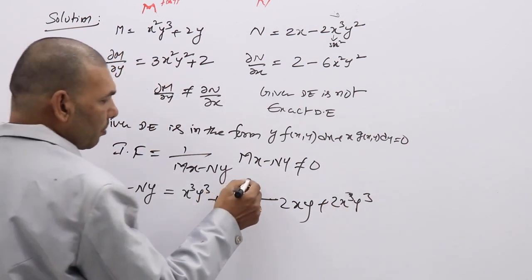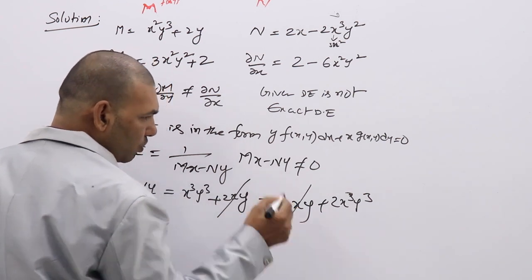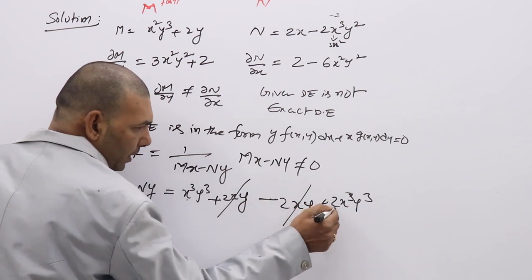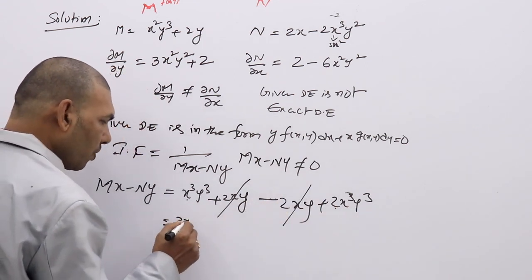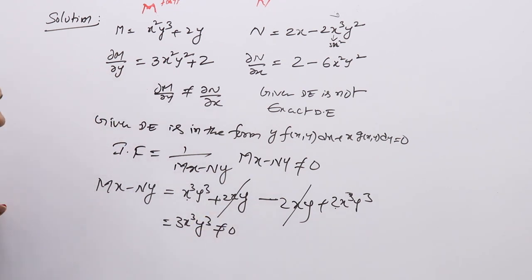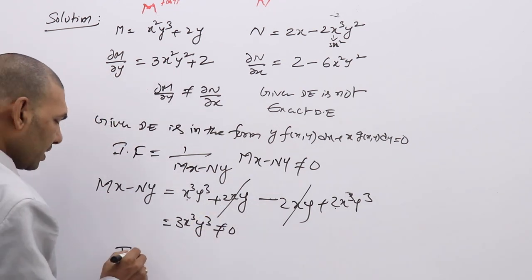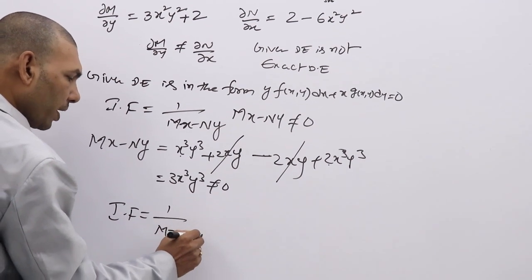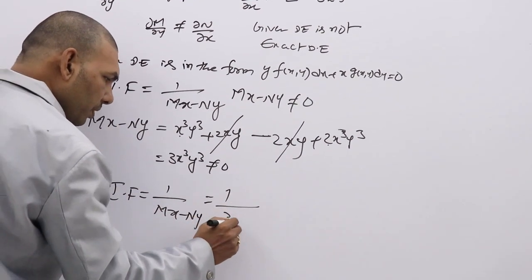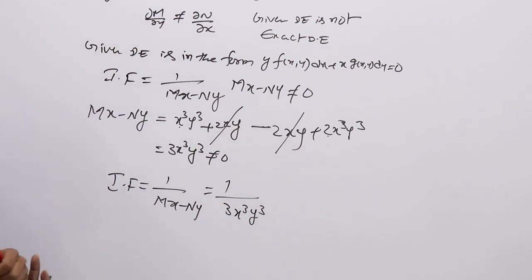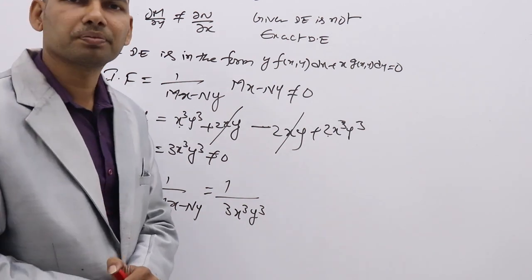Here plus 2xy minus 2xy get cancelled. So 1x cube y cube, here 2x cube y cube, totally you have 3x cube y cube, which is not equal to 0. Then the integrating factor is 1 by 3x cube y cube. So this is the integrating factor.